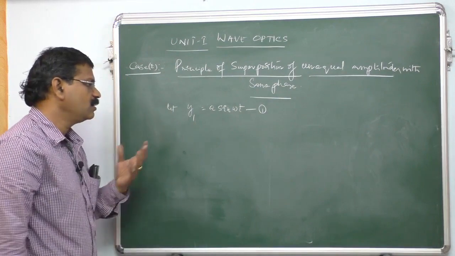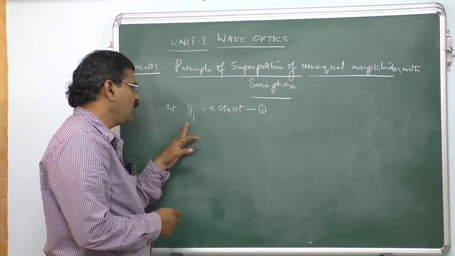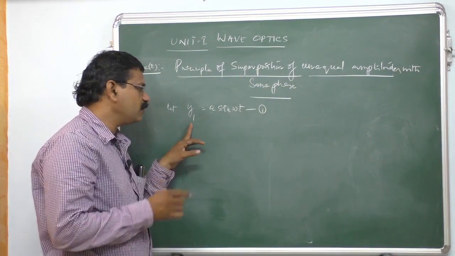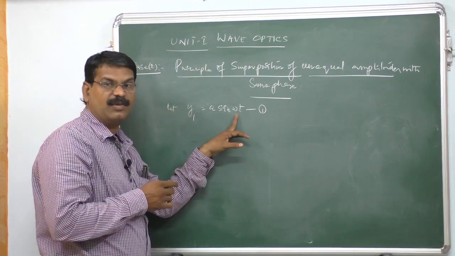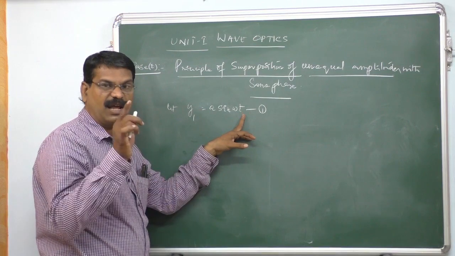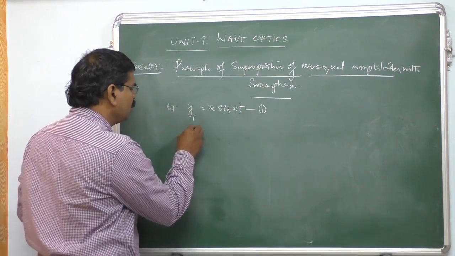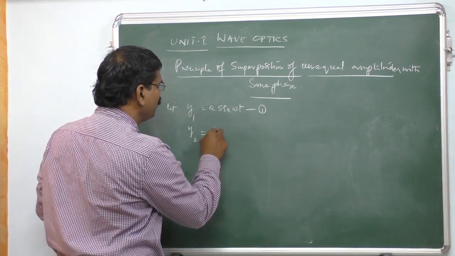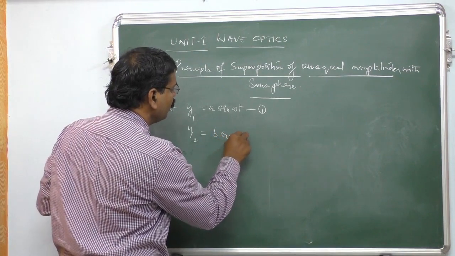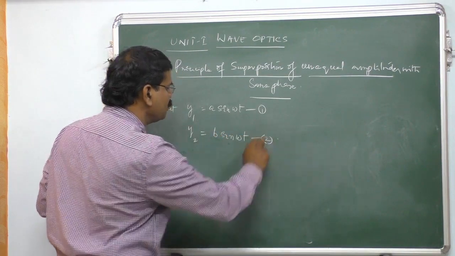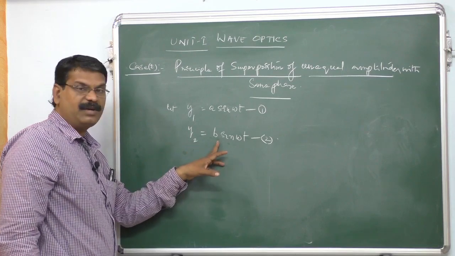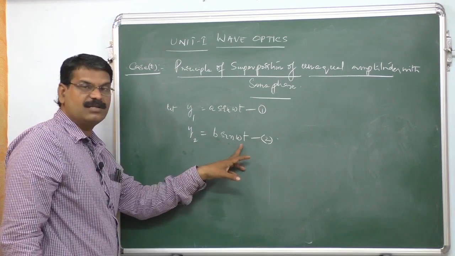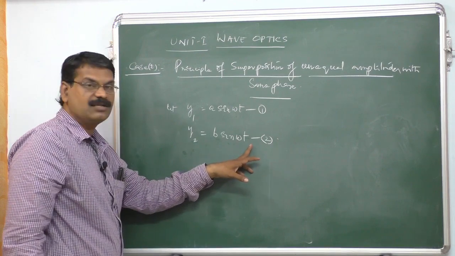Let me explain the terms in this formula: y1 is the displacement of the first wave, a is the amplitude of the first wave, omega is the angular frequency and t is time. Similarly, the second one is y2 equals b sin omega t, equation 2. Here y2 is the displacement of the second wave, b is the amplitude of the second wave, omega is the angular frequency and t is time.